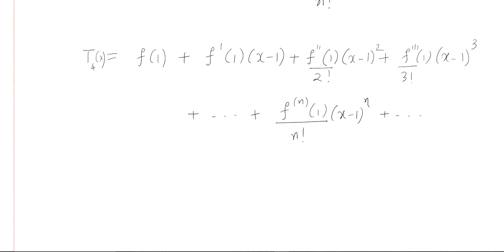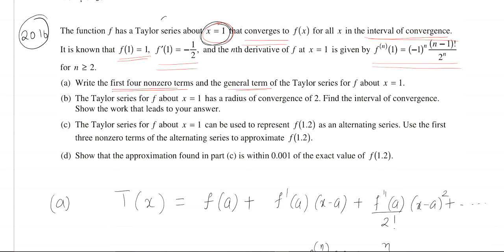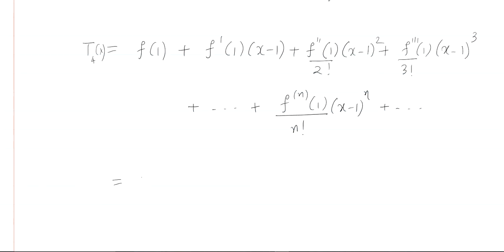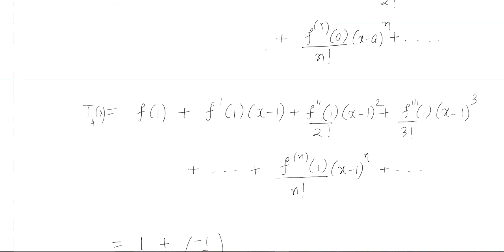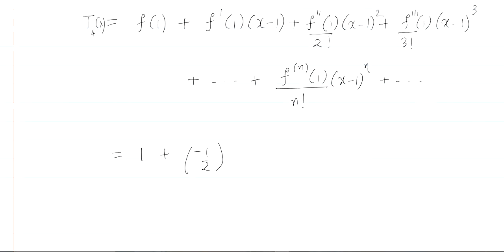Now that we have written this out, let us find the individual terms. We've been given in the problem that f of 1 is equal to 1. So f of 1 is simply 1. Then f prime of 1 is minus half, so you can write that down. And we've been told that the nth derivative is given by this formula: minus 1 to the n times n minus 1 factorial over 2 to the n.